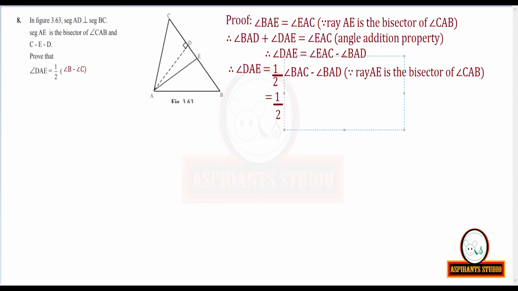Inside the bracket you write angle BAD plus angle DAC because we are splitting angle BAC as angle BAD plus angle DAC. Then what is remaining? Measure of angle BAD is remaining. Bring that down and write here minus measure of angle BAD.